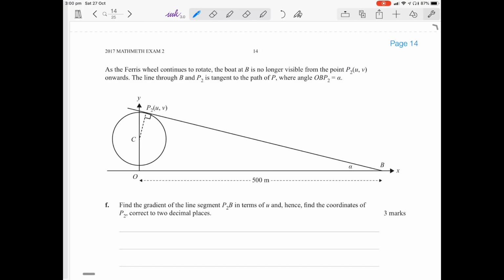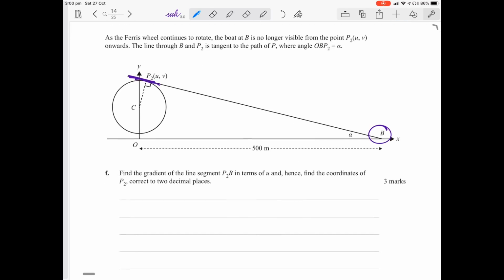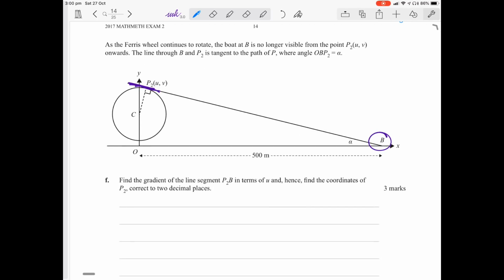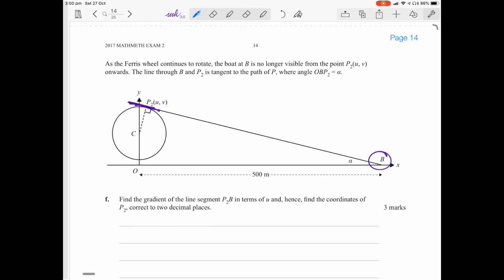As the Ferris wheel continues to rotate, the boat at B is no longer visible from the point P2, onwards. The line through B and P2 is a tangent. So we've got the derivative, which is the gradient of the tangent. P is U, V, so that's P2.